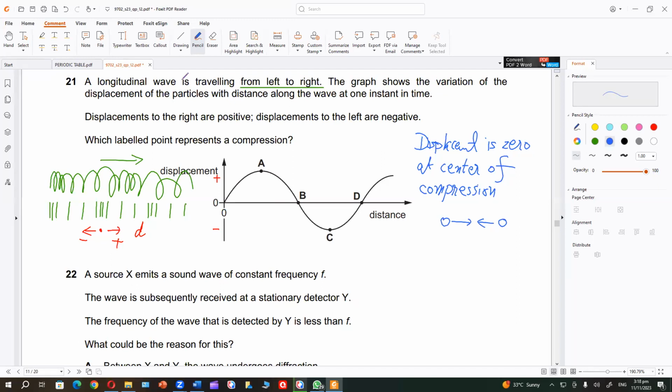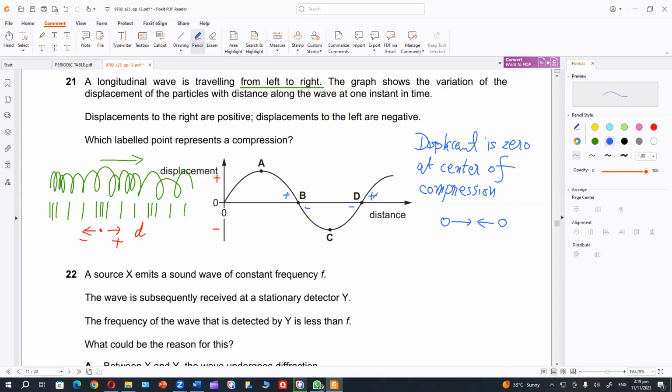So what is B? Actually, B is changing plus to minus. And what is D? I mark here, B is changing plus to minus and D is changing minus to plus. So that is the important point. It means that you are shifting from plus to minus. The displacement is plus when you're moving to the right. So this is the point where compression occurs.